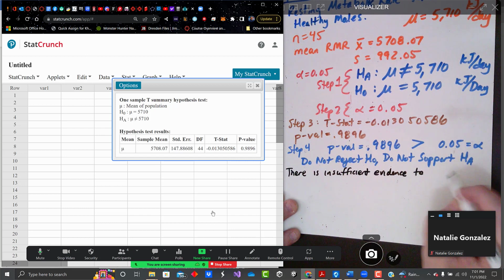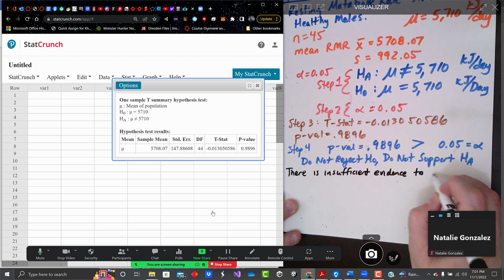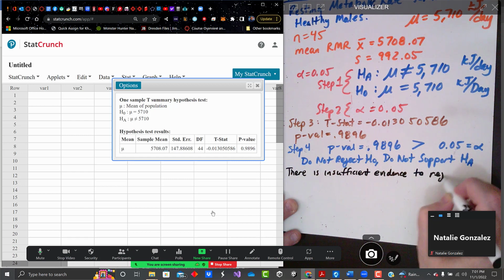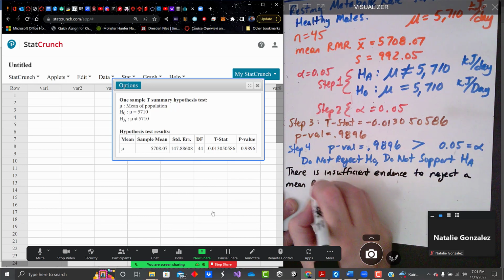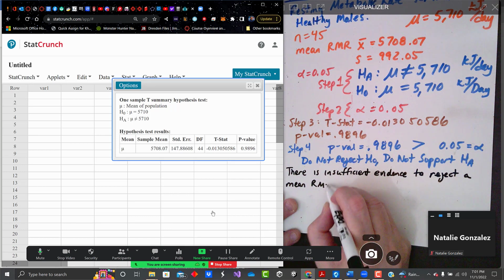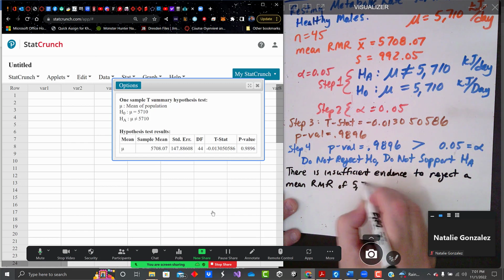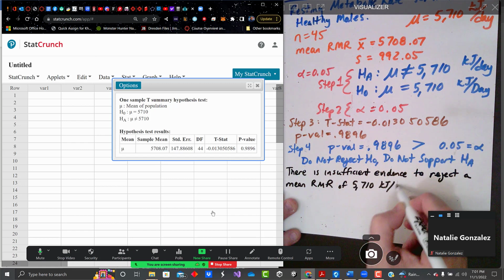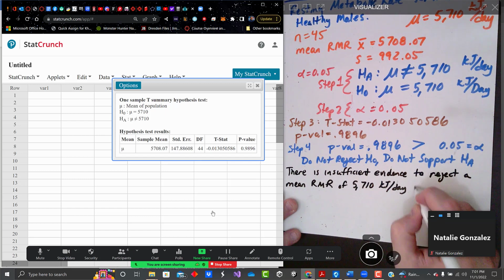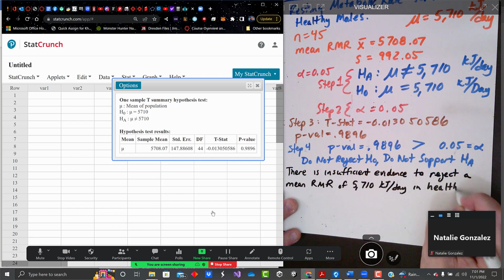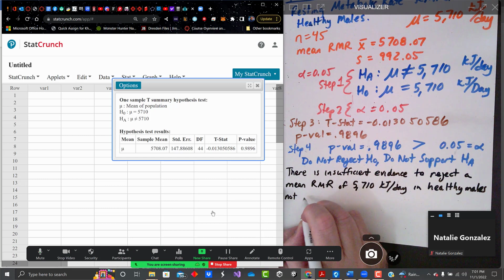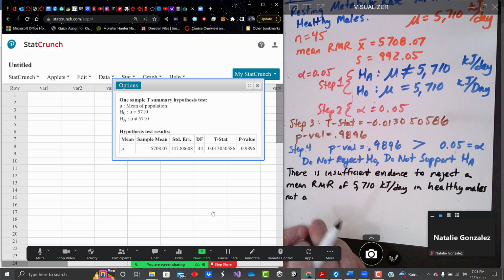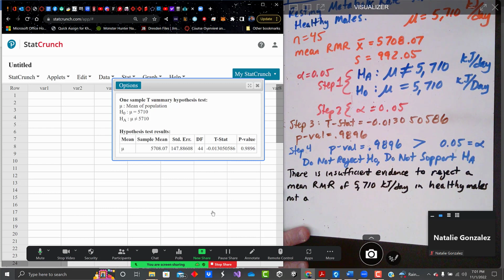I'm going to add in the null hypothesis, even though we don't need it, to reject a mean RMR of 5,710 kilojoules per day in healthy males. All right, okay, I'm winging this, so this is going to sound funny.